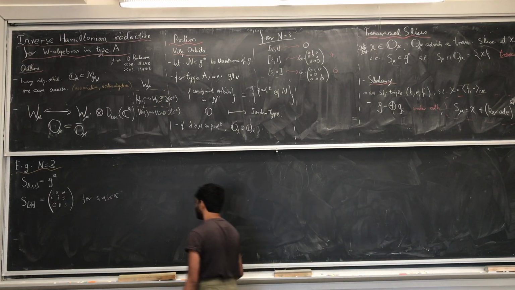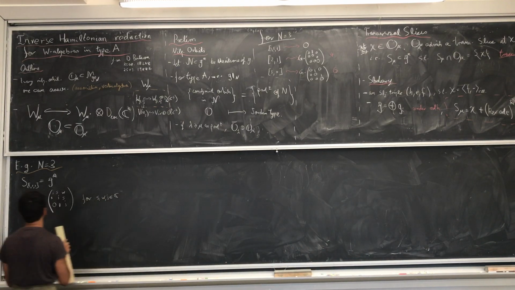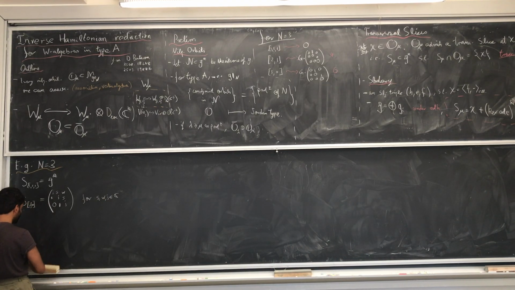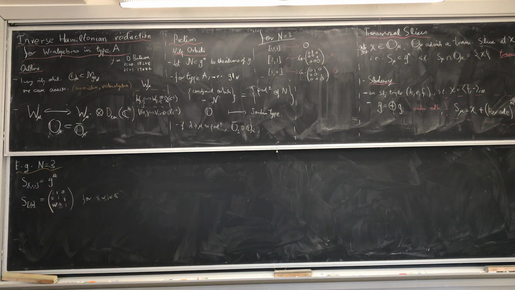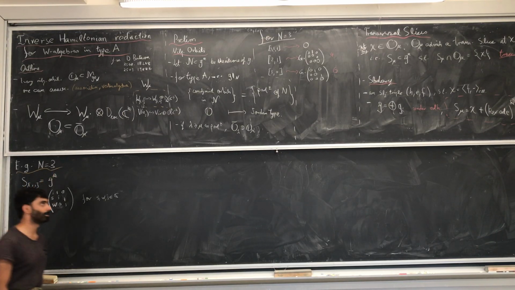Sorry, take the transpose of this matrix to align myself with the previous conventions. And so when the parameters are 0, this intersects exactly with that representative.